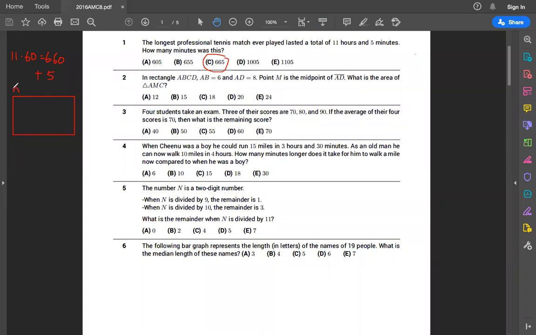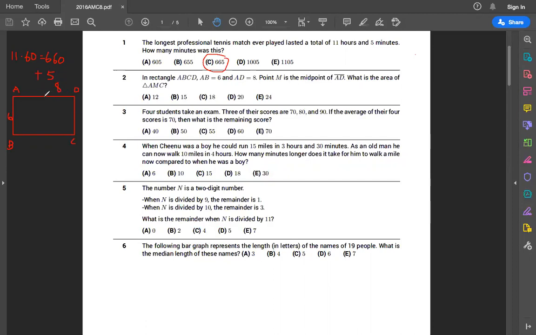Let's label its sides A, B, C, and D. Whenever you're labeling the sides, make sure you always go in order around the shape. So A, B, C, D. Going around, you don't want to do A, B, and then skip to the top right. So we have AB is 6 and AD is 8.